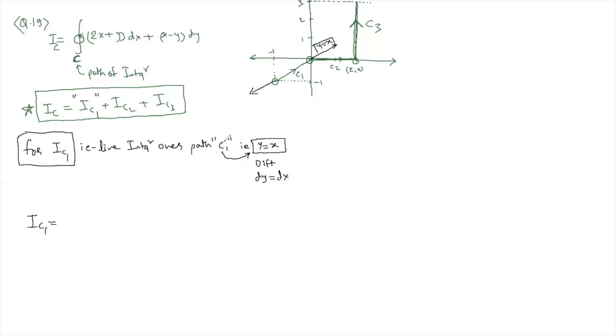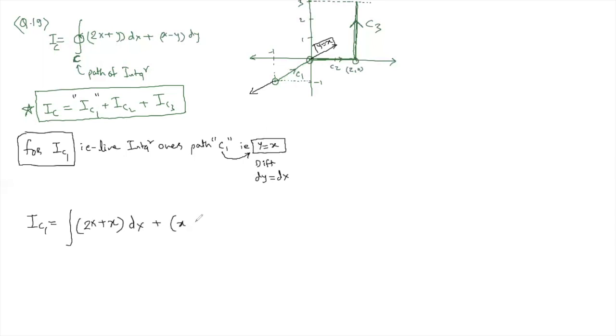So for I_C1, this is the integral where y and x are the same. So I'll write this as 2x plus x. I replace this y with x, because I know y and x are the same, at least on this part. So dx, I'll leave as it is.